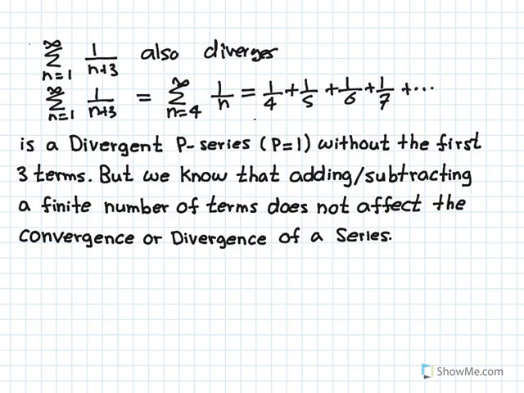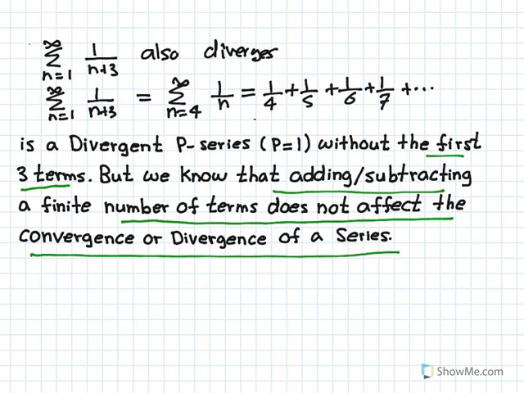So this is a divergent p-series with p equals 1 without the first three terms. But we know that adding or subtracting a finite number of terms does not affect the convergence or divergence of a series. All right, thanks.